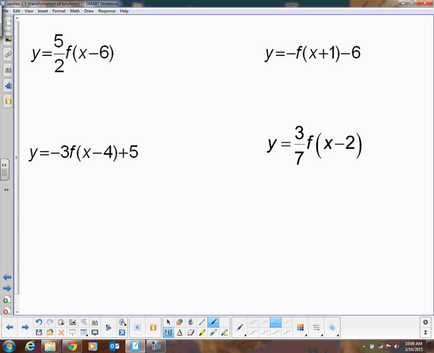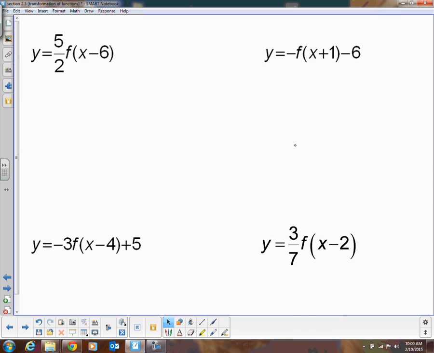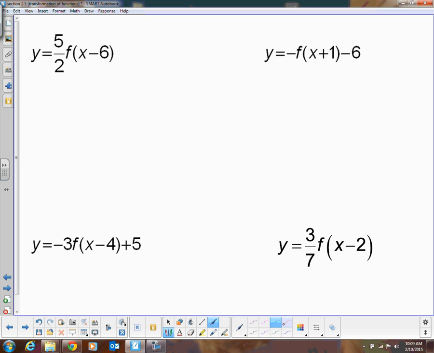Now this is a lot better. Okay, so let's look at this first one. What can you tell me about the 5 halves? Now don't assume because it's a fraction, it's a compression. Is this less than 1 or bigger than 1?